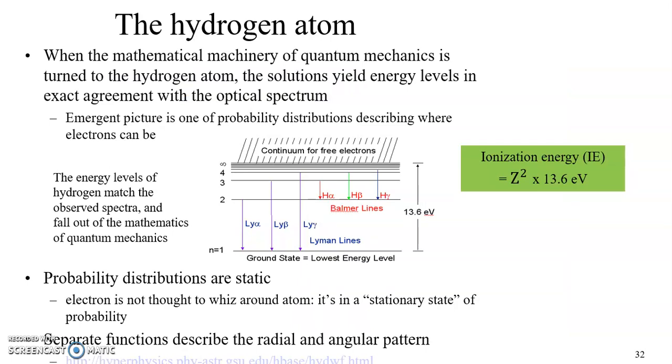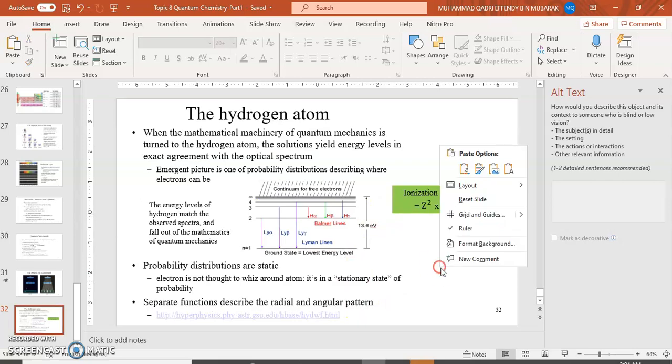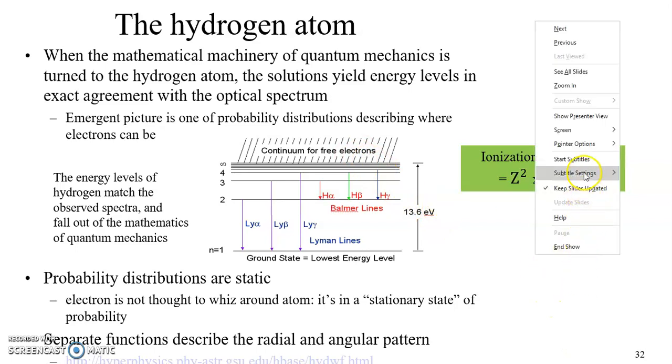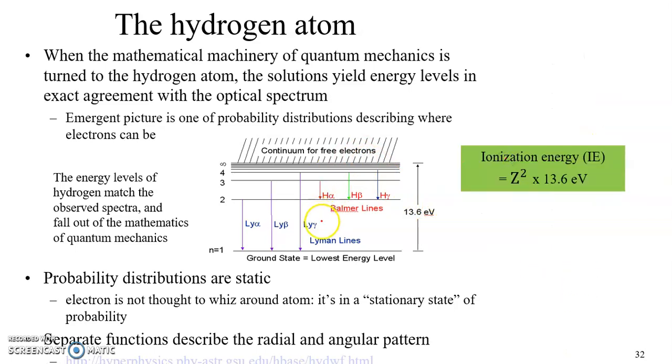And then the hydrogen atom. We know that the hydrogen atom consists of one electron, and for the ionization energy we can remove this electron by using the quantum function.